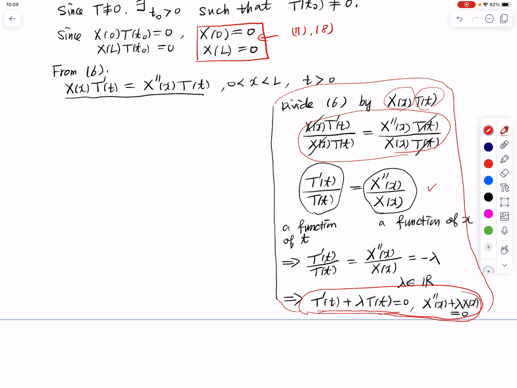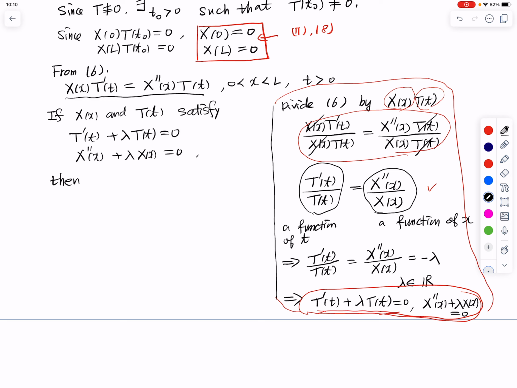Then you can prove that from this, if X(x) and T(t) satisfy the equations T'(t) plus lambda T(t) equals 0 and X''(x) plus lambda X(x) equals 0, then X(x)T'(t) equals X''(x)T(t), for every x between 0 and L, t positive.